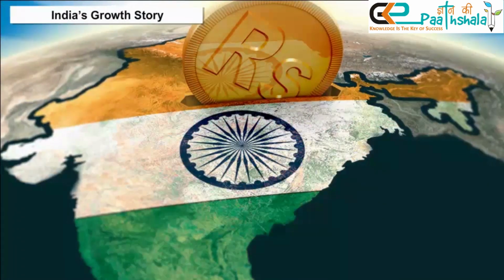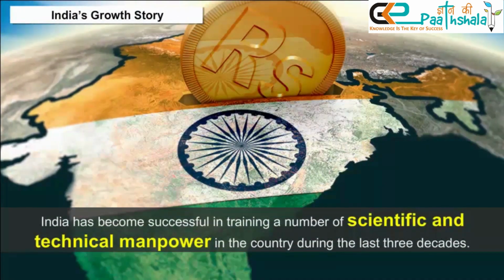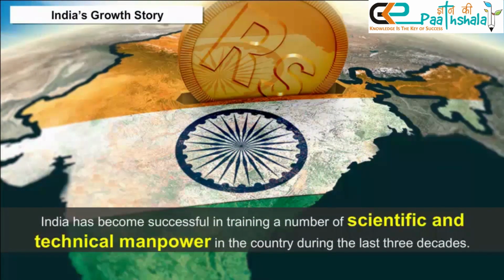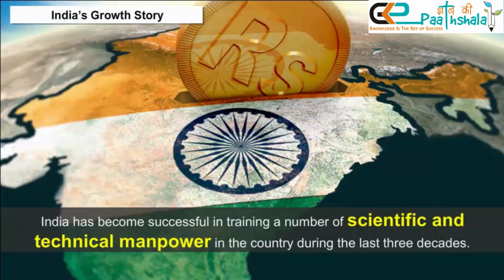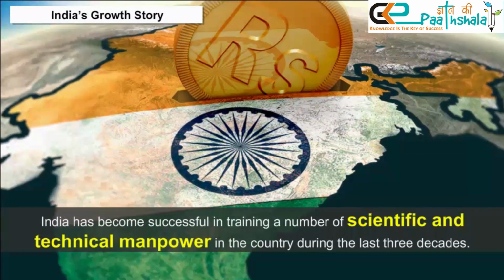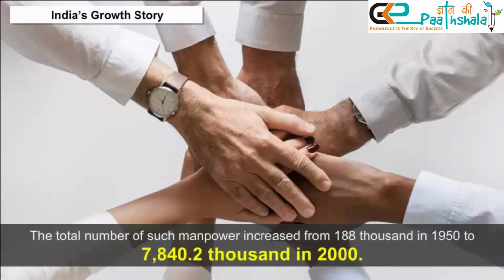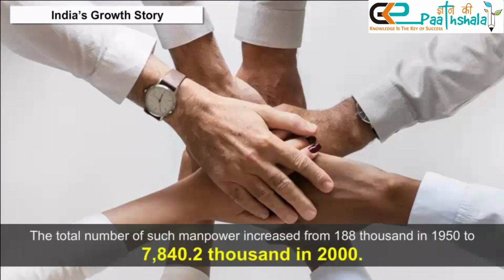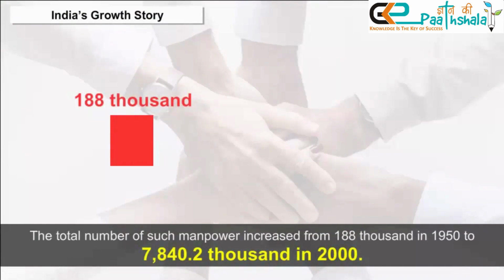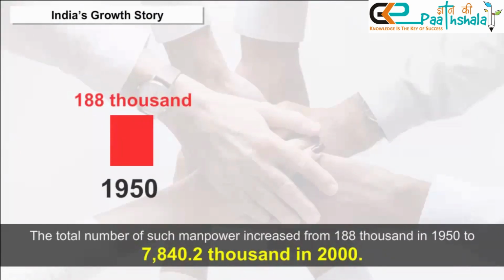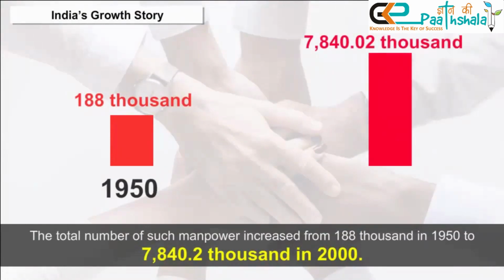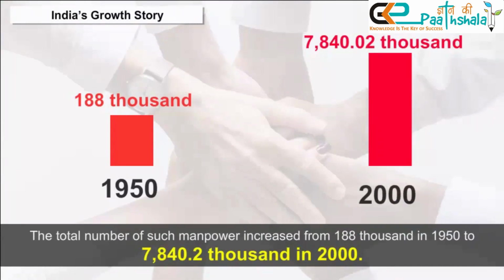India's growth story. India has become successful in training a number of scientific and technical manpower in the country during the last 3 decades. The total number of such manpower increased from 188,000 in 1950 to 7,840.2 thousand in 2000.